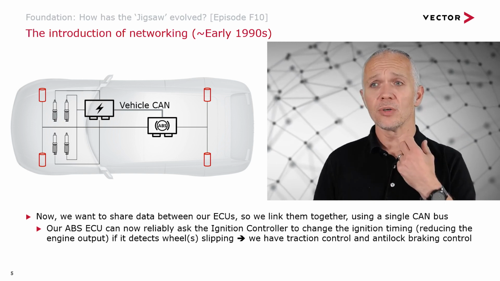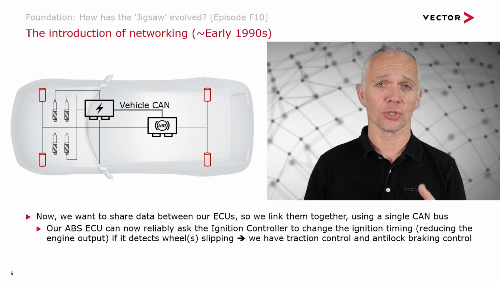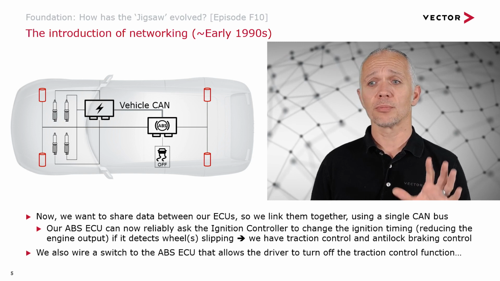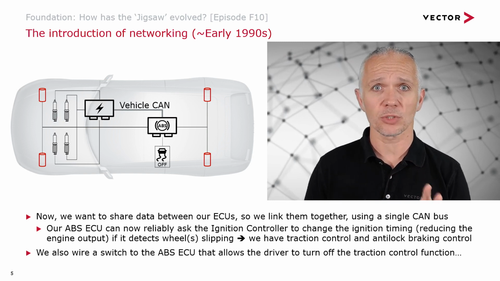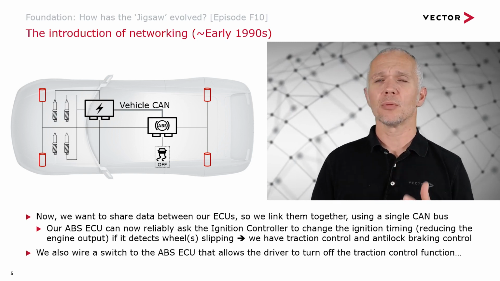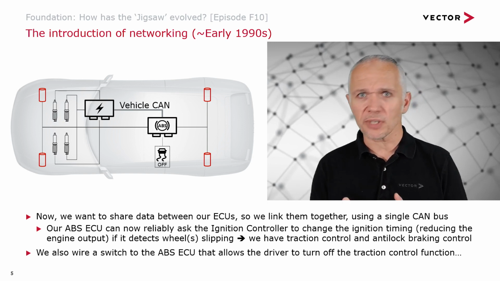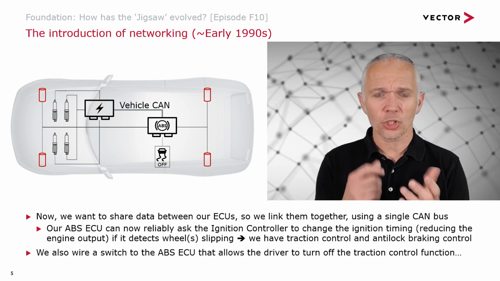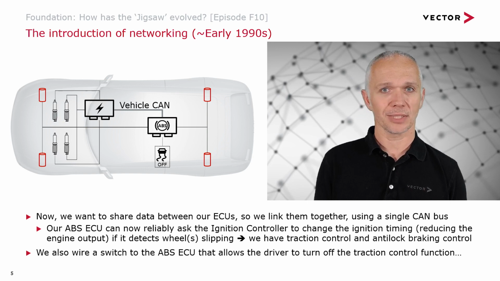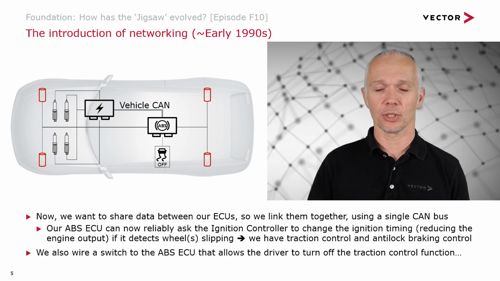Of course, we wouldn't just have these two ECUs in our vehicle. We probably also will have others, which we'll come to. We also maybe are worried that some people feel that the traction control function that we've put in will interfere with their ability to enjoy and drive the car.